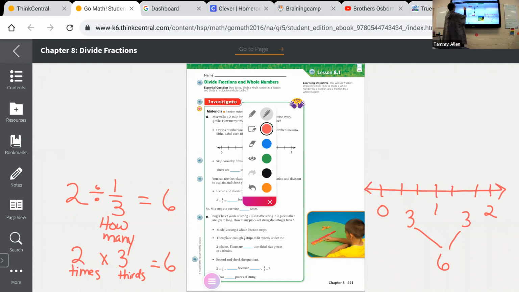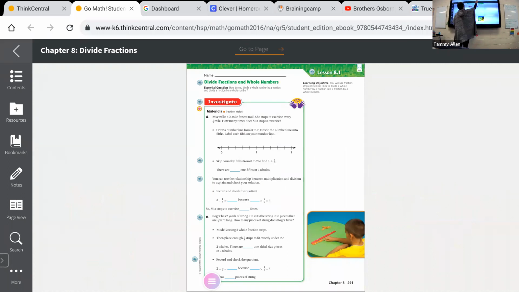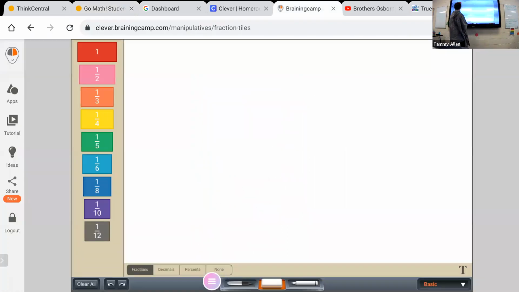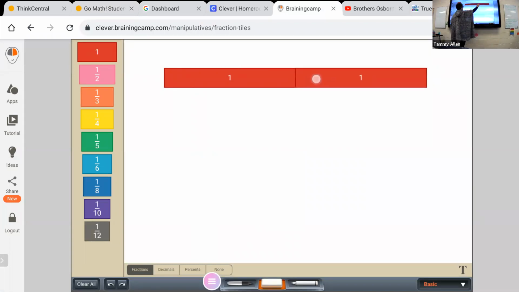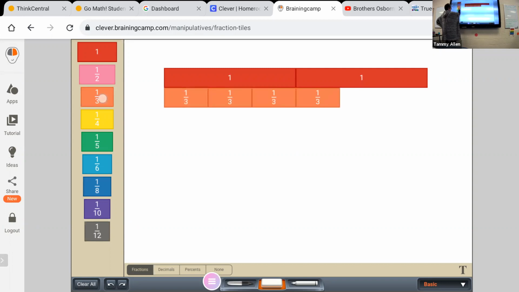Okay. If we go back to training camp, we had 2 whole amounts. This time we broke them down into thirds for a total of 6. That makes sense.